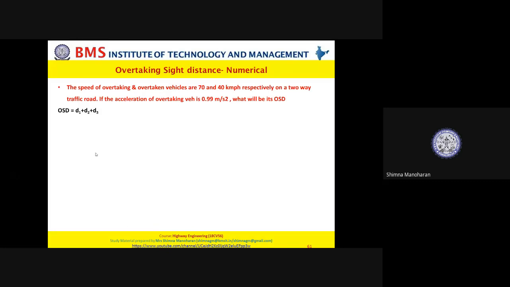Okay, so next, Namita, convert 40 kmph to meter per second. Those of you who are finding it difficult to answer or to unmute will be marked as absent.